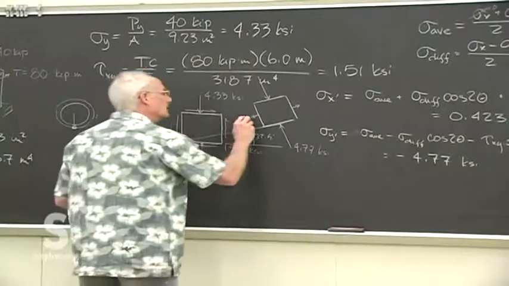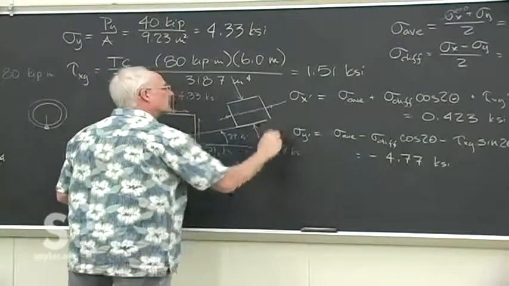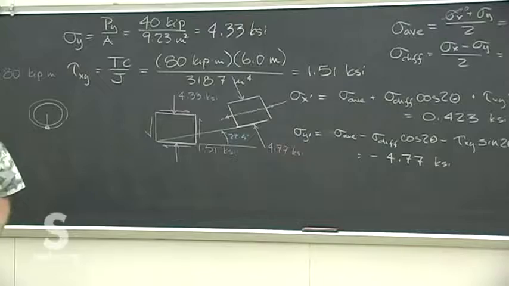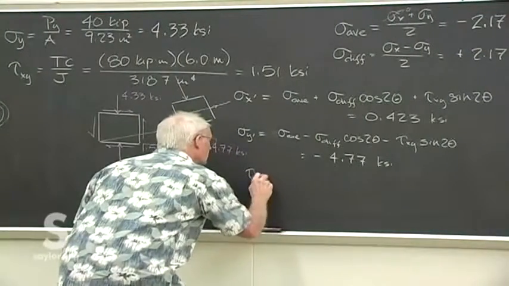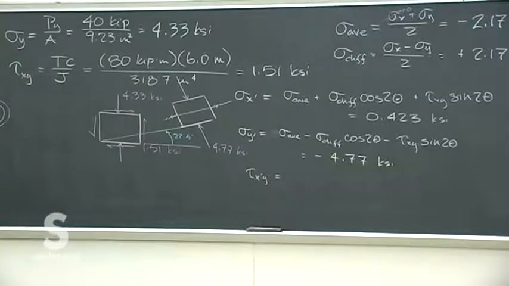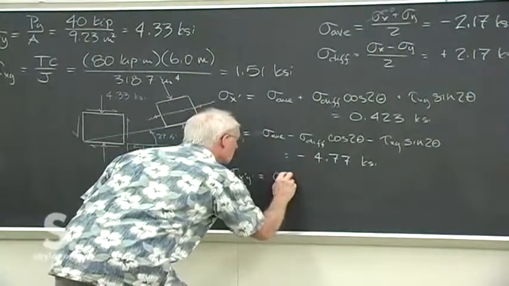Remember, our weld goes right down the length of that thing, like that. And then the shear stress that we expect at this weld angle, we've got all those pieces as well.